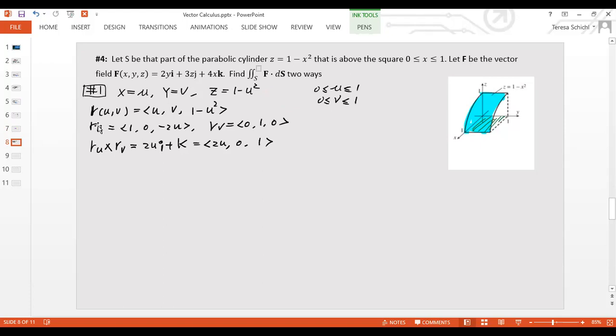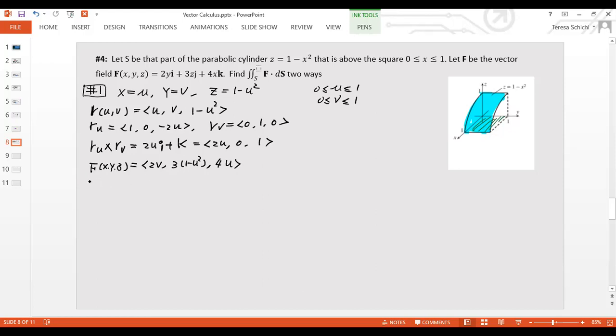So what is my f here? The f of this vector field x, y, z is equal to 2y, so it's 2v, right? 3z, so what is 3z? It's 3(1 - u²), right? And 4x, so what is 4x? It's 4u, correct?